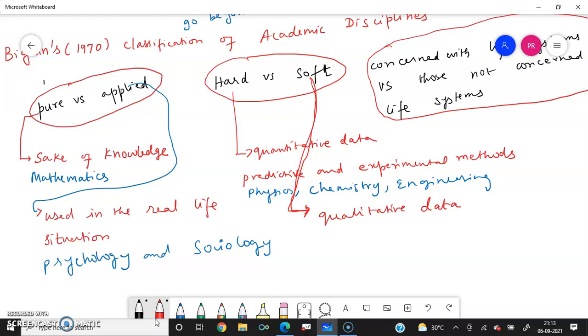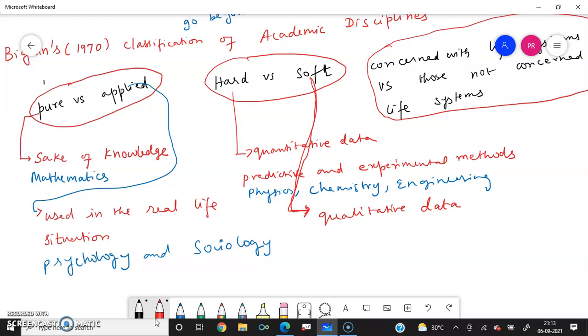They do not use a strict experimental method, and predictions for the future are not given much importance, so we cannot predict something. But we can see what exactly is happening, how people are talking to each other, how the relationships are between each other. So it mainly considers qualitative data.